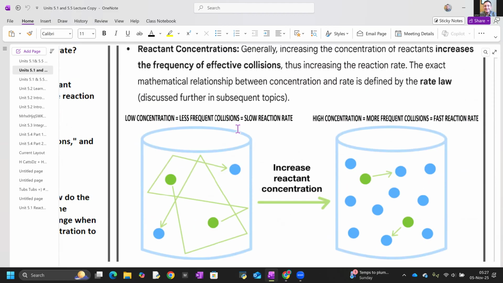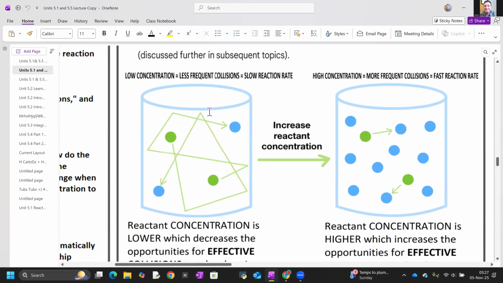So when we increase the frequency of collision, here we have two vessels, one with fewer particles in it and one with more particles. One we would say has a low concentration, whereas one has a higher concentration.